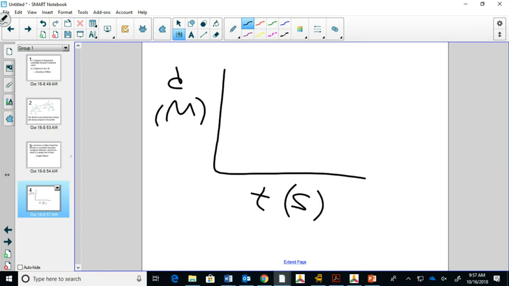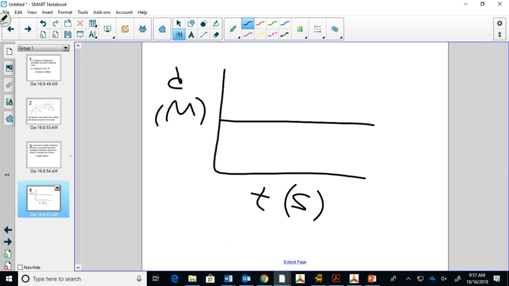If I have a line that looks like this in a distance or a position time graph, what's happening to this person? Position. This is not velocity. This is position time. They're standing still, right?